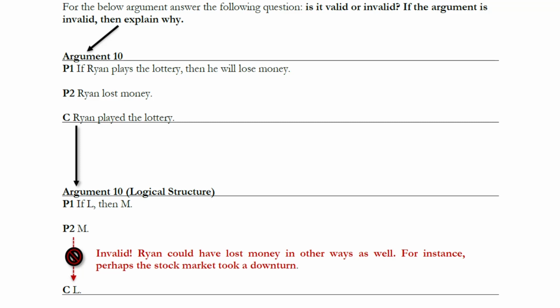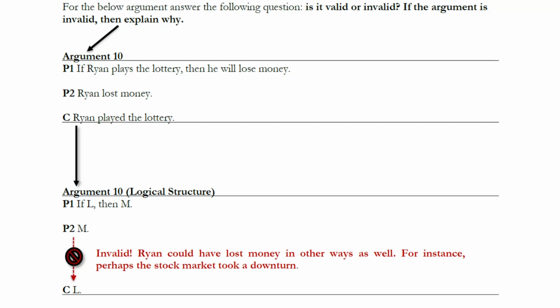Even if P1 is true, there are many other ways in which Ryan might also lose money. What does the argument conclude then from this if-then statement in P1? The argument concludes that because, as stated in P2, Ryan lost money, therefore, the conclusion, Ryan must have played the lottery. However, as I just suggested, this is not a valid inference.